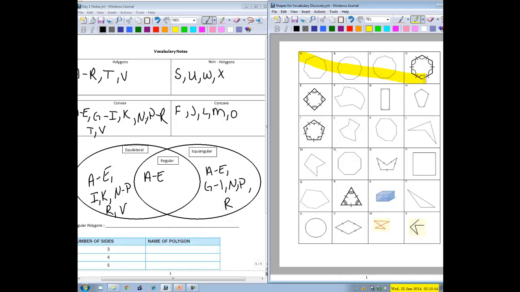All of these are regular polygons, meaning all the sides are equal and all of the angles are equal as well. So whenever we refer to regular polygons, we're referring to those. E is a regular polygon. G is not, because not all the sides are the same. H is not, because not all the sides are the same. I is a regular polygon.